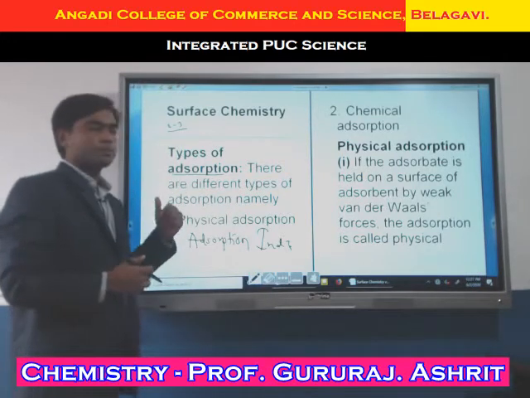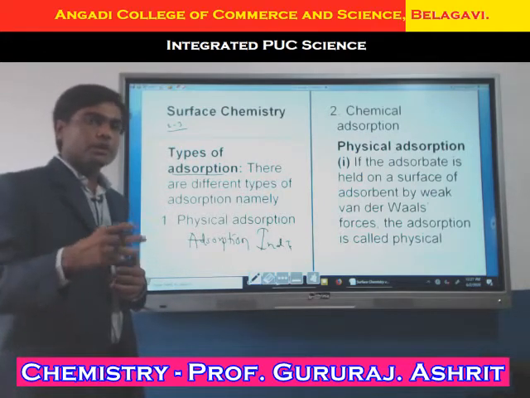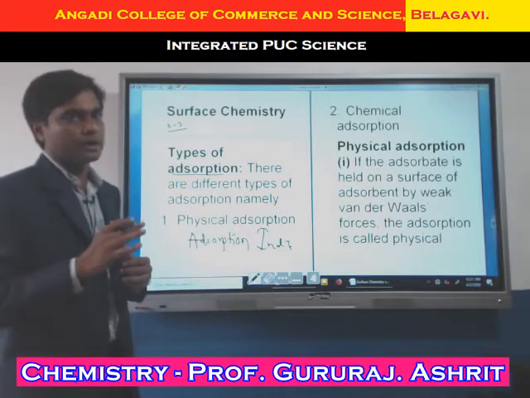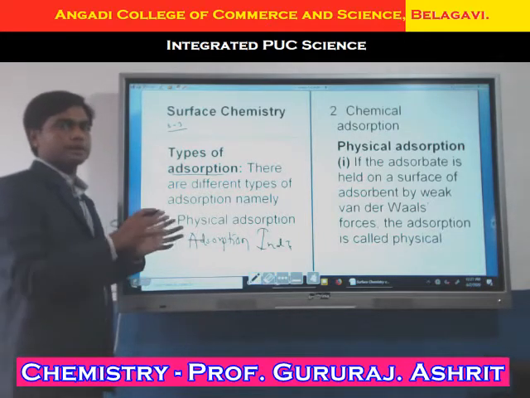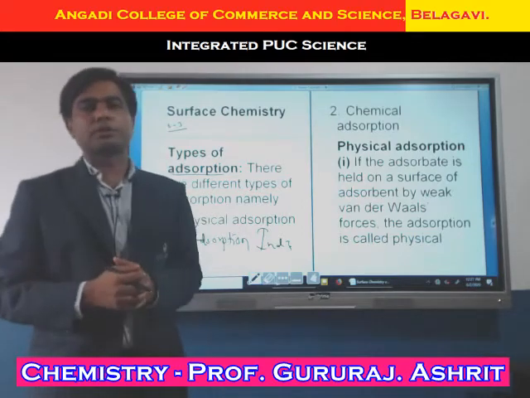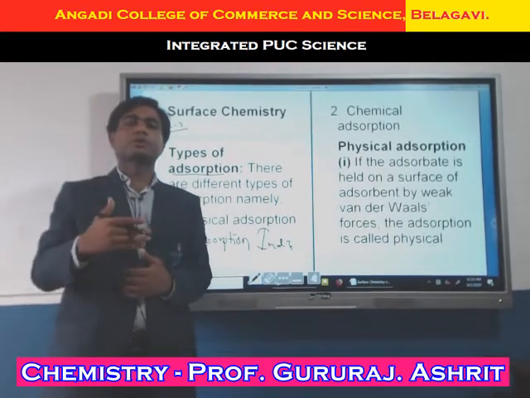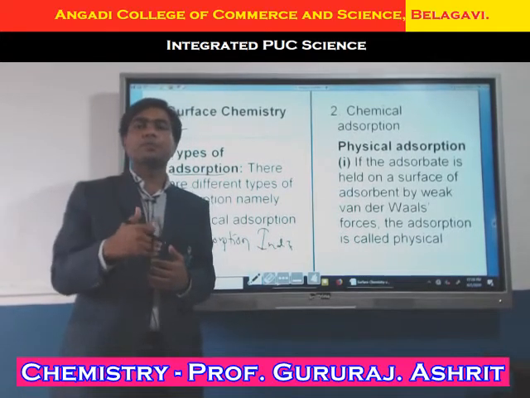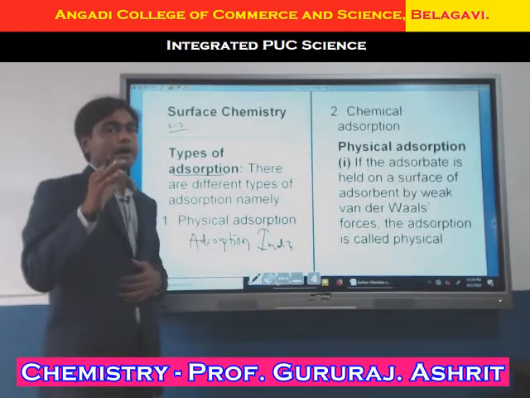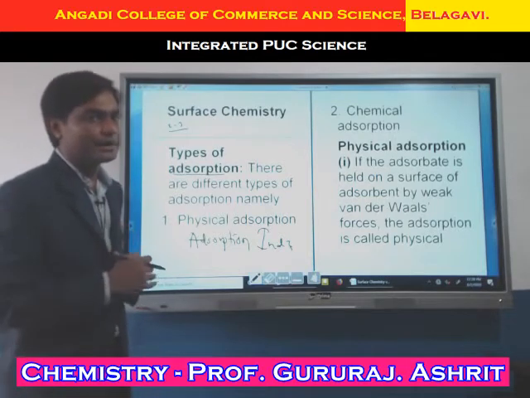After adsorption we go for absorption: the process in which the molecules penetrate inside the bulk of the substance is called absorption. These are the basic definitions we are learning. The third definition is sorption. What do you mean by sorption? The process in which the adsorbate molecules are removed from the surface of the adsorbent is called desorption, and desorption takes place at high temperature.